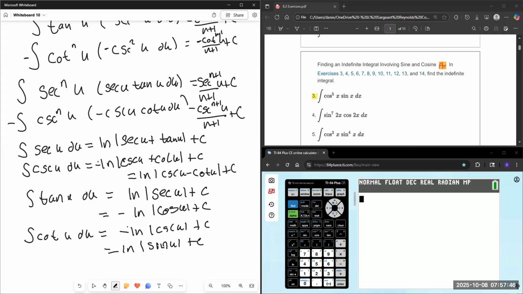All of these ln rules have absolute values unless you are certain in some way from the domain of the problem that they're forced to be positive.